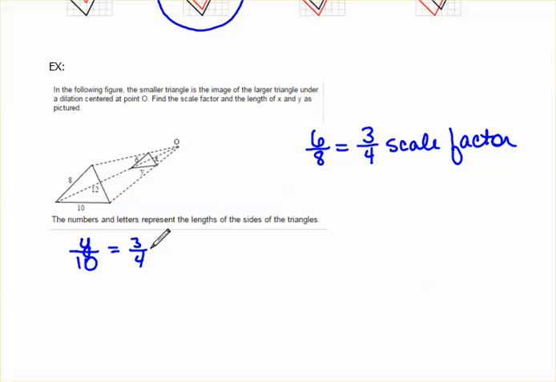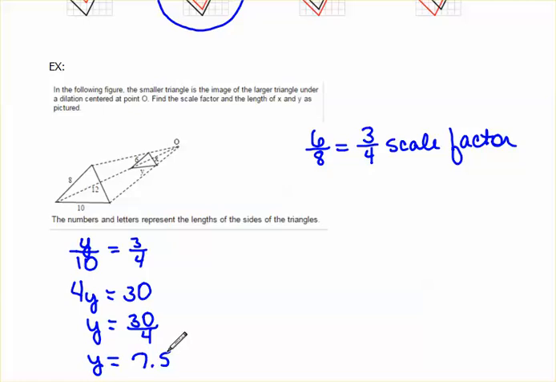We can cross multiply to get 4y equals 30. And then if we divide both sides by 4, we get y equals 30/4. And then if you want to, you could go ahead and use your calculator to figure out that y equals 7.5.